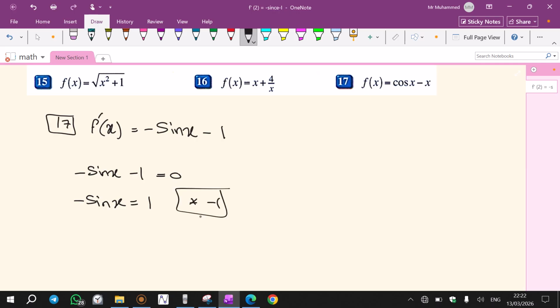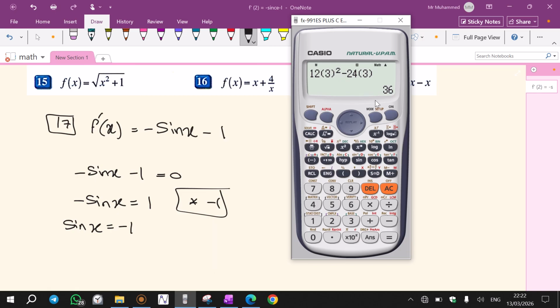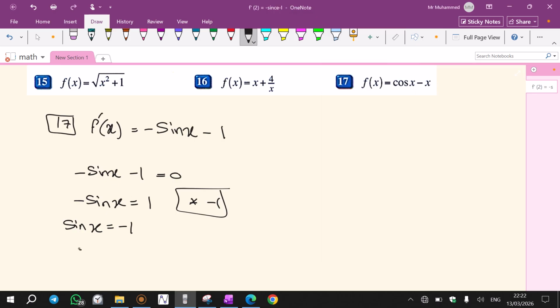Multiply everything by negative 1 to make the sign positive: sine x equals negative 1. Now take sine inverse, shift sine of negative 1, that's negative 90, x equals negative 90.